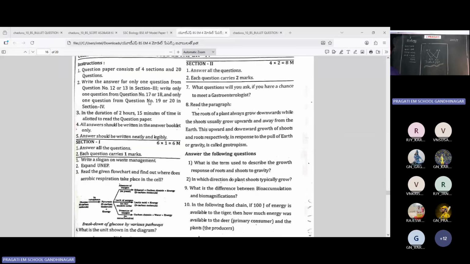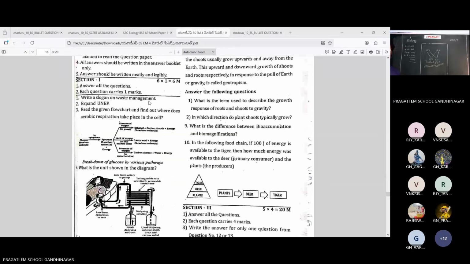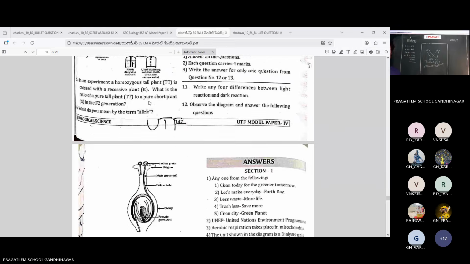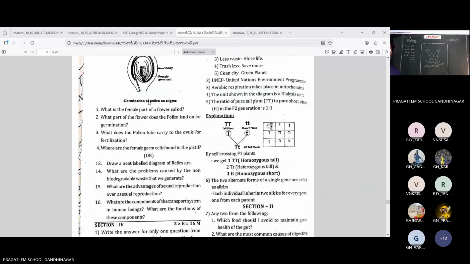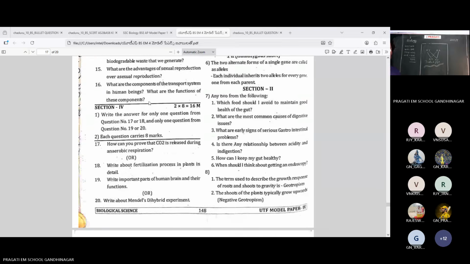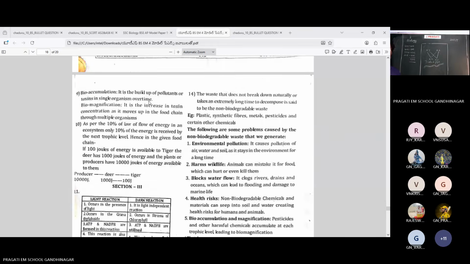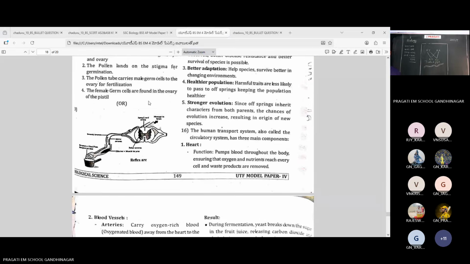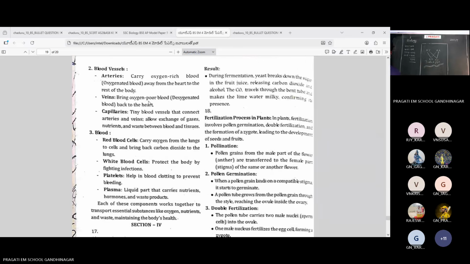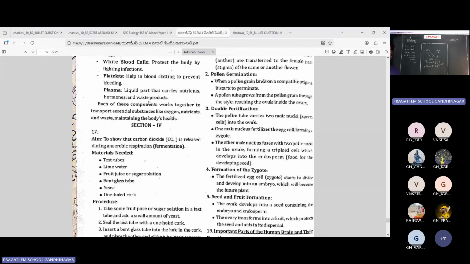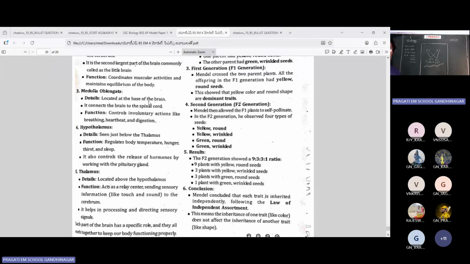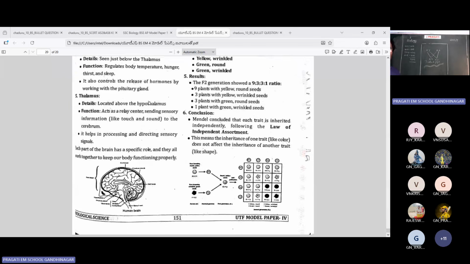Last paper. Okay, total 4 papers. So try to read these 4 papers also.